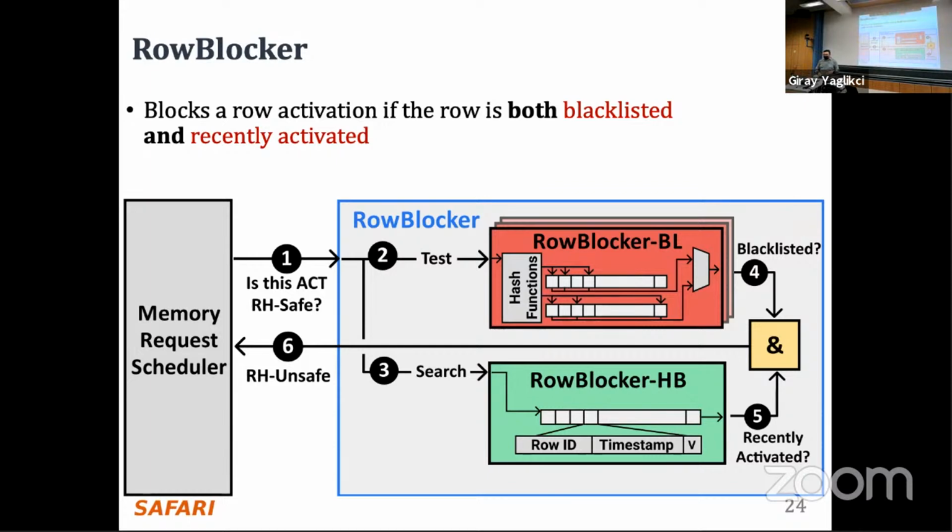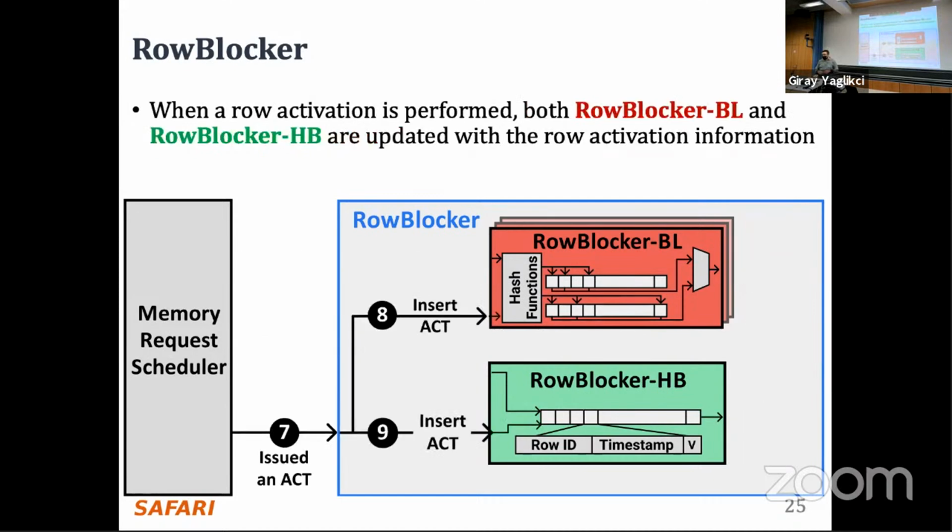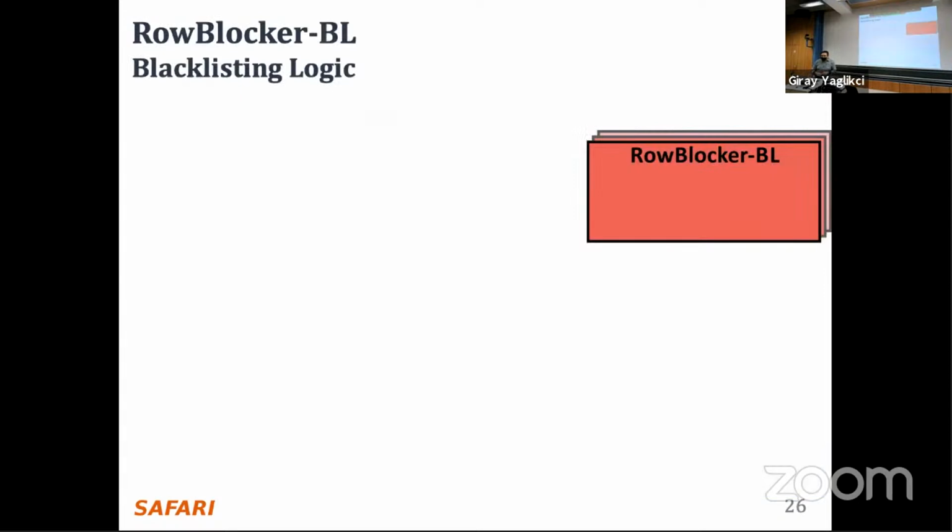In this case, the memory request scheduler does not issue the row activation, and the activation is blocked. Meanwhile, there are probably other requests waiting in the queue, and they are serviced as usual. When the memory request scheduler eventually issues a row activation, both components are updated with the row activation information. Okay, so let's dive into the blacklisting logic.